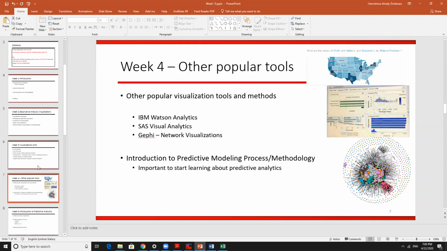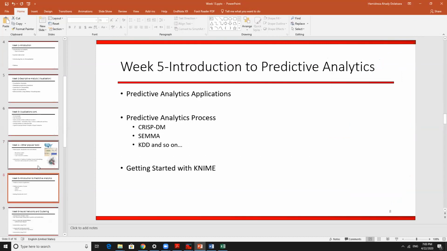In week 4, we looked at some other tools like IBM SAS, Gephi, and we started the second part of the course, which was predictive modeling. Then in week 5, we started going more in depth with predictive analytics.